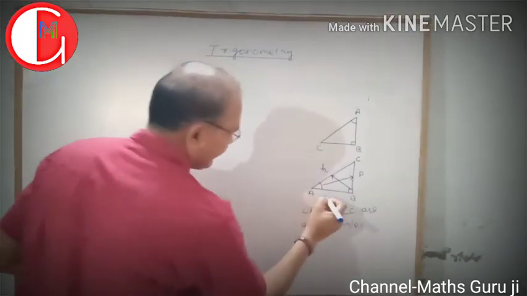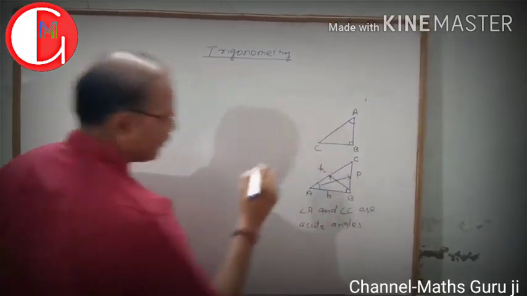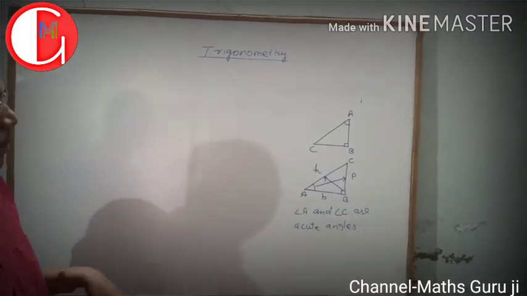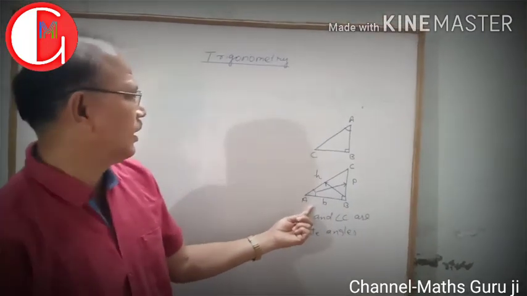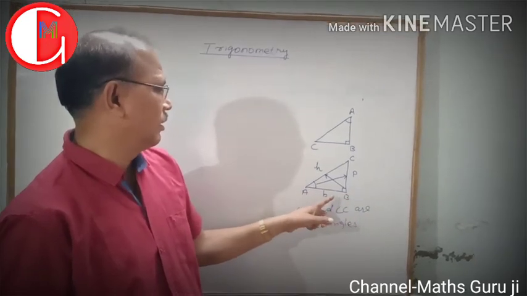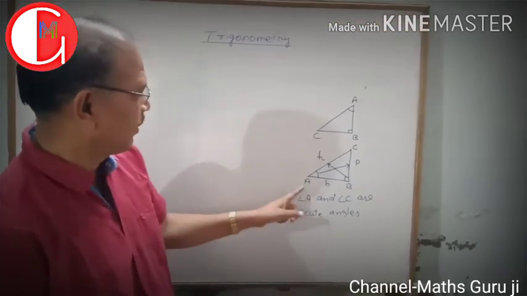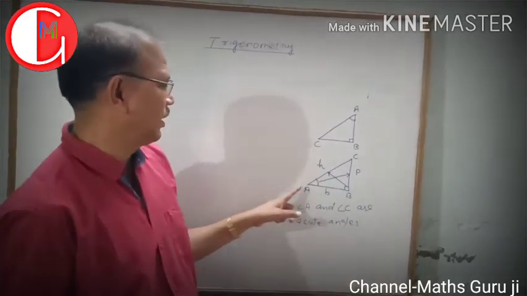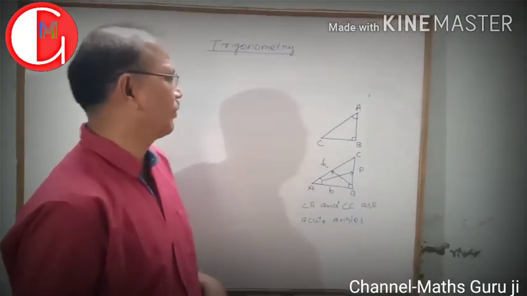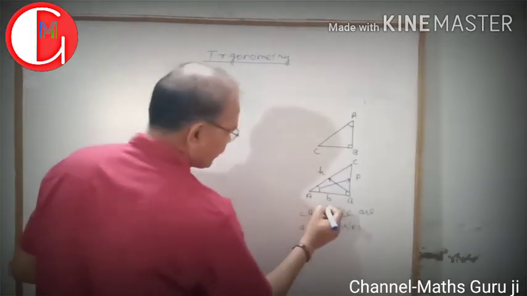The rest side is called base. So BC is perpendicular, AB is base, and AC is hypotenuse. In figure this is 1.